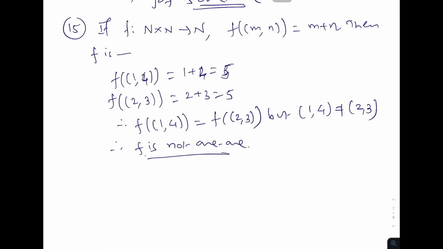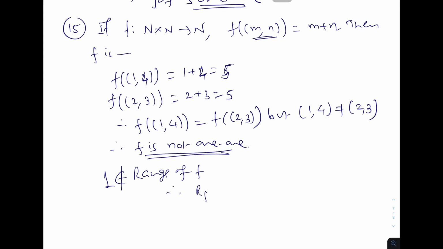Okay, what about onto? Only one element you will get, that image is not there, otherwise all the elements will have the images. 2 is there, like F of (1, 1) is 2, 3 is there, like F of (1, 2) is 3, only one element is not there in the image, and that is 1. 1 is not in the range of F because there is no (m, n) such that F of (m, n), that is m plus n, is equal to 1, because all elements are natural numbers.